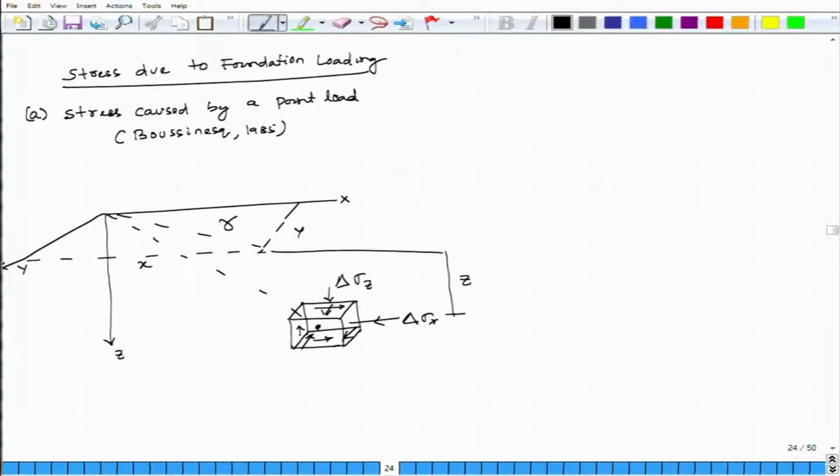The detailed derivation is out of scope because this is an undergraduate course.